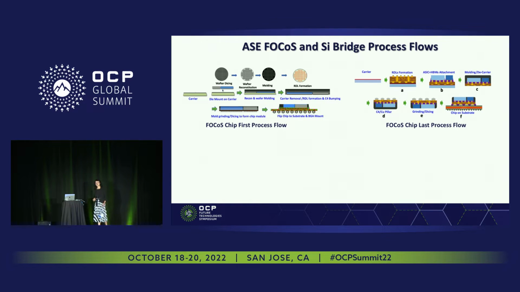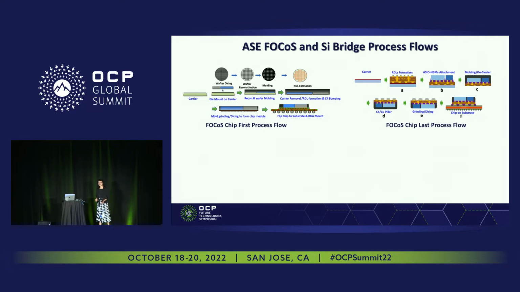So you look at these two, the key difference depends on where you put your chiplets. If you put them first, we call it chip first. If you put them last, chip last. Chip last, compared to chip first, gives you the good advantage that you can avoid non-good die loss. If you integrate HBM, for example, you need to go to chip last because HBM has a thermal budget requirement.